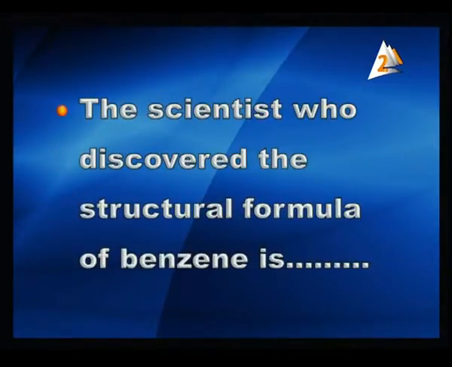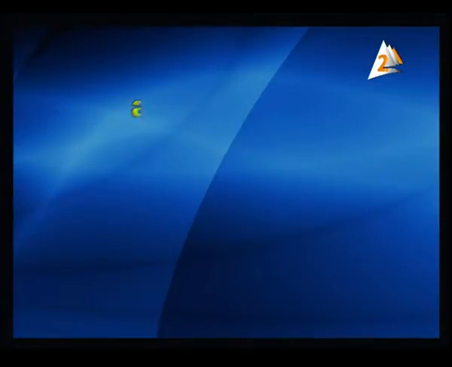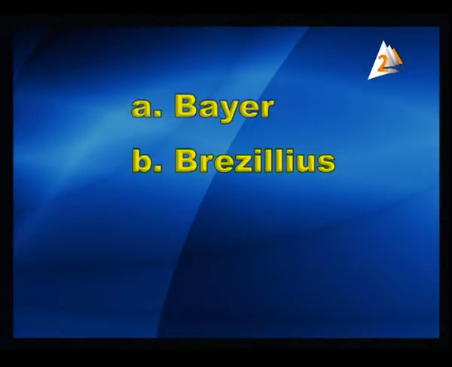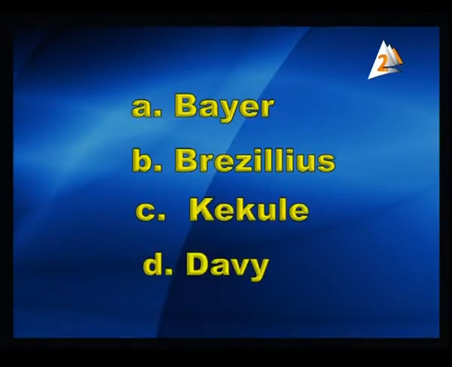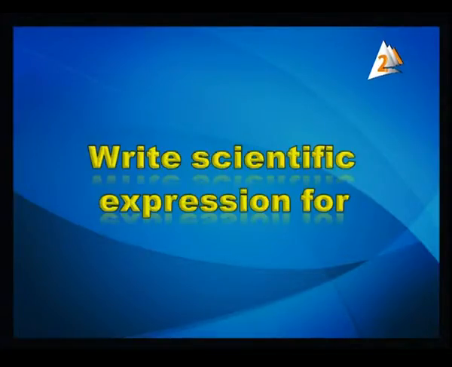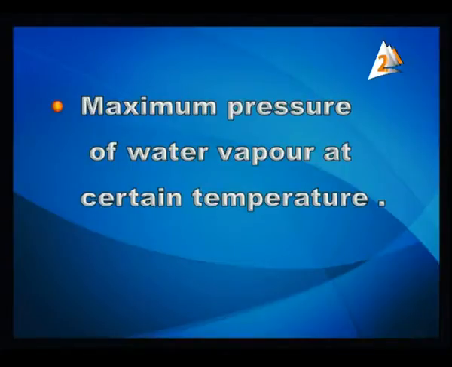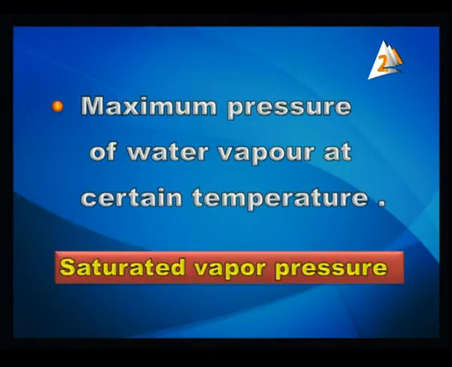Next point. The scientist who discovered the structure formula of benzene is what? Bayer, Priestley, Kekule, Davy. Yes, the answer will be Kekule. Next type of question. Write the scientific expression for maximum pressure of water vapor at a certain temperature. Yes, the answer will be saturated water vapor pressure.